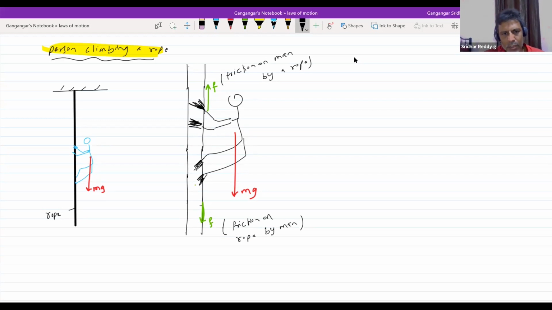Now this friction, what will it do? It will try to pull, no? This friction which is acting here on the rope will pull the rope, no? That's why the rope will become taut. So, sir, what about tension? Yes, there will be tension. So what is the tension? Tension is equal to friction only. And that tension is what will be acting on the person.